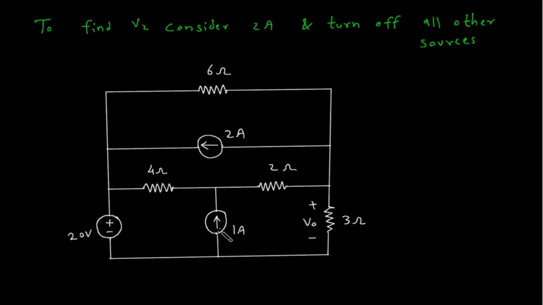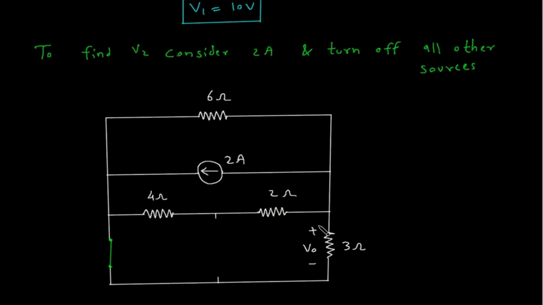Now this is a current source, so this will be turned off and open circuited, and this is a voltage source, so this will be turned off and short circuited. Now we have to find also this will be V2, not VO, this will be V2.